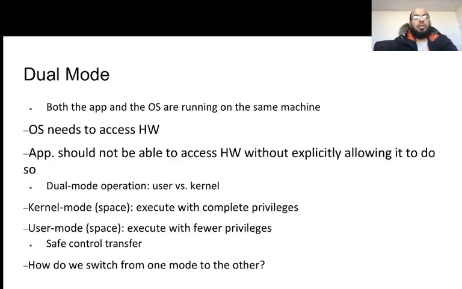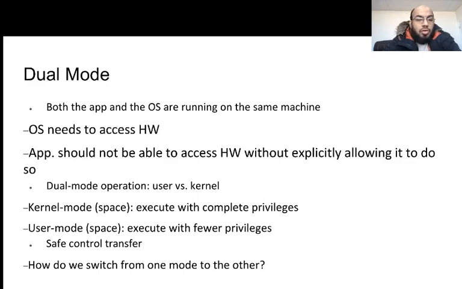So your computer actually runs in a dual mode. You have the operating system, which has full access to the hardware because it controls the hardware, and you have the application that should not be able to access the hardware without explicitly being allowed to do it. So you have a dual nature for every computer that is running today. I'm currently running as both user and as kernel.